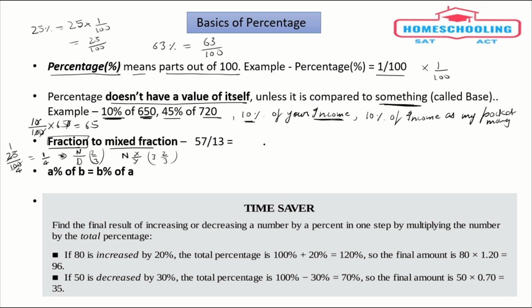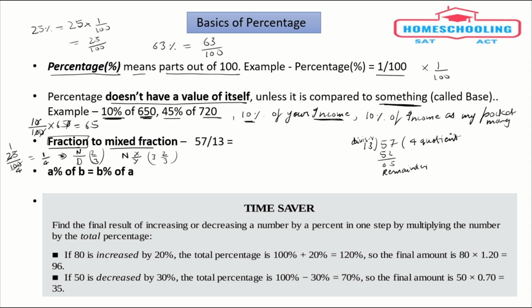If you want to convert it into a mixed fraction, what we're going to do here is divide 57 by 13. We will go for 4 times. So that would be 13 times 4 is 52, and the remainder is 5. So what we have here is, 13 is your divisor, 5 is your remainder, and 4 is your quotient.